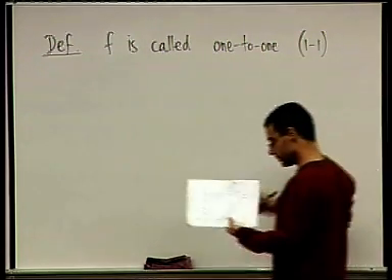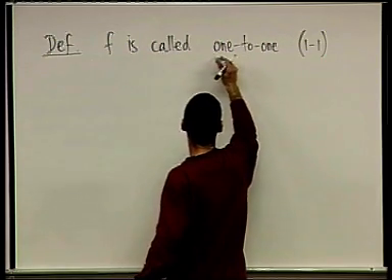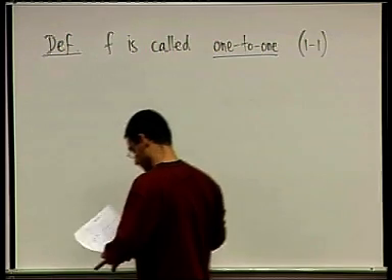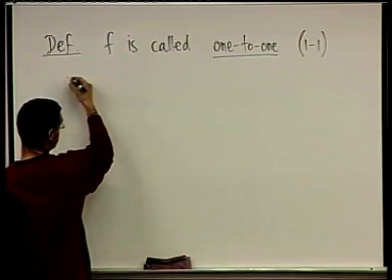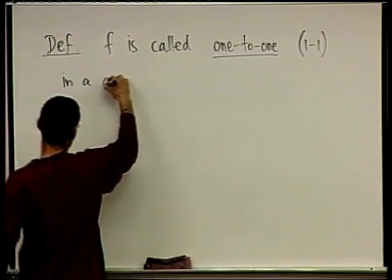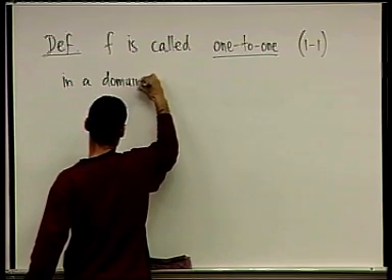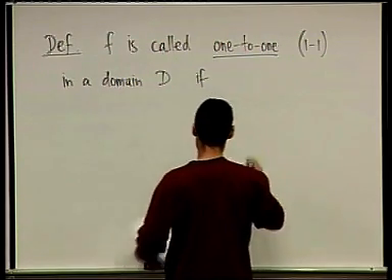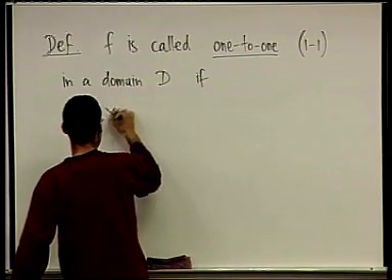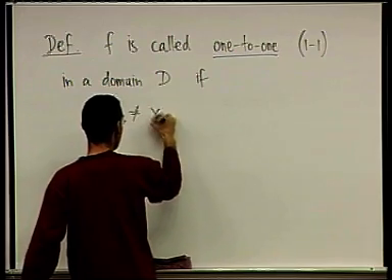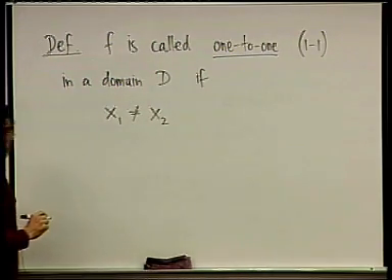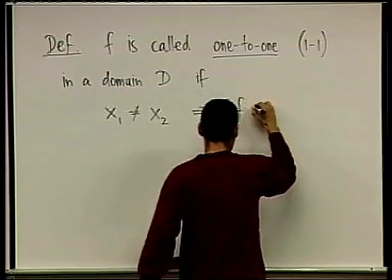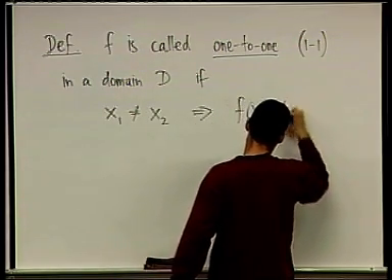That's what I'm defining. What is a 1-to-1 function? In a domain D, if you take 2 different x's, if x1 is different than x2, then their values under f must be different as well.